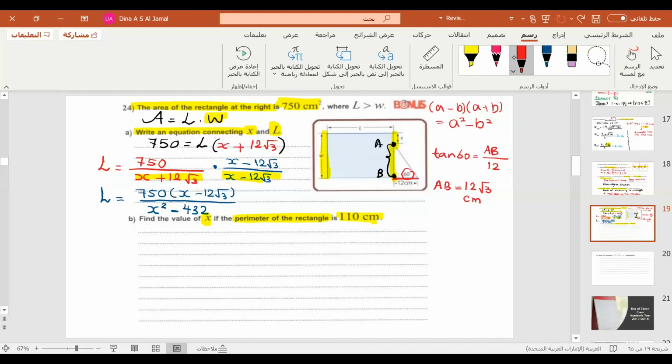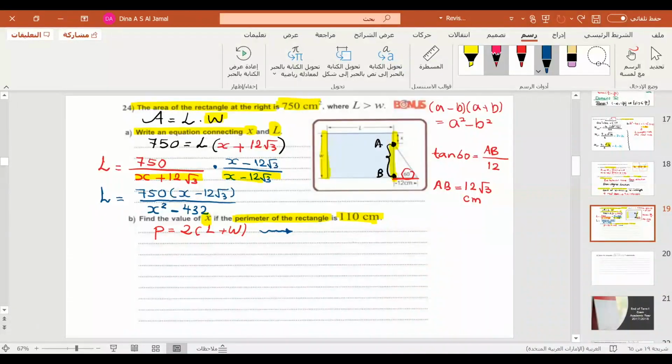So your P is 2 multiplied by L plus W. And you know that your W is different now and it is changing. So we can substitute to find the relation between L and W, which we will be using later.